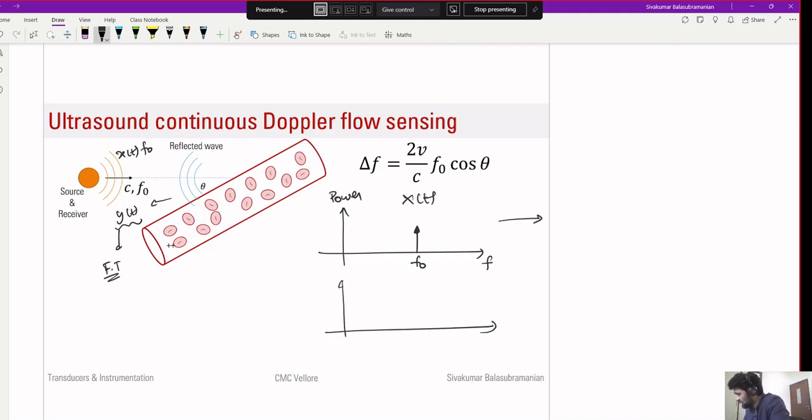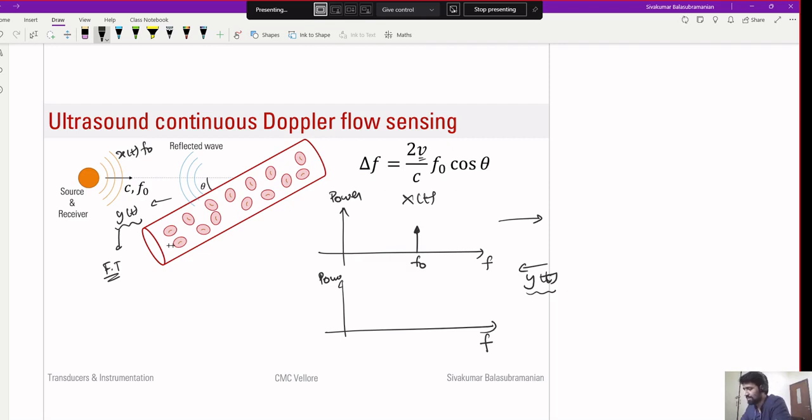Now this is sent out to the blood vessel, and then what you get is y of t. And if you take the Fourier transform of this, let's say the blood is flowing at a velocity v, and the angle is theta. Now, what will the plot of the Fourier transform of y of t look like?